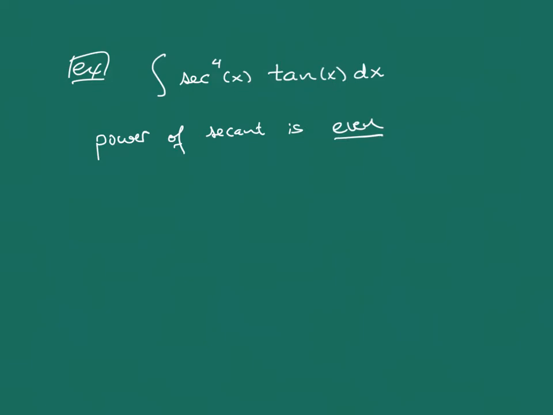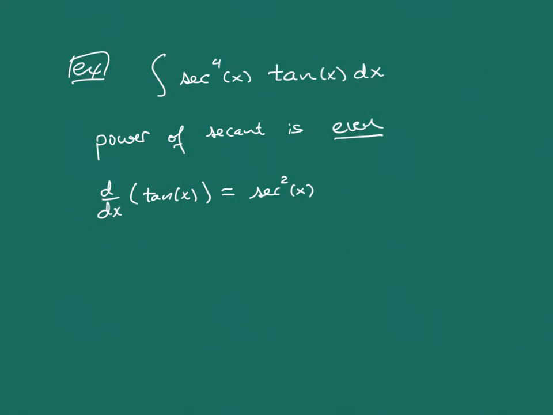Well, the idea is we come back to our derivative formulas. If the power of secant is even, remember that if we do a u substitution with tangent, the derivative of tangent is going to be secant squared.